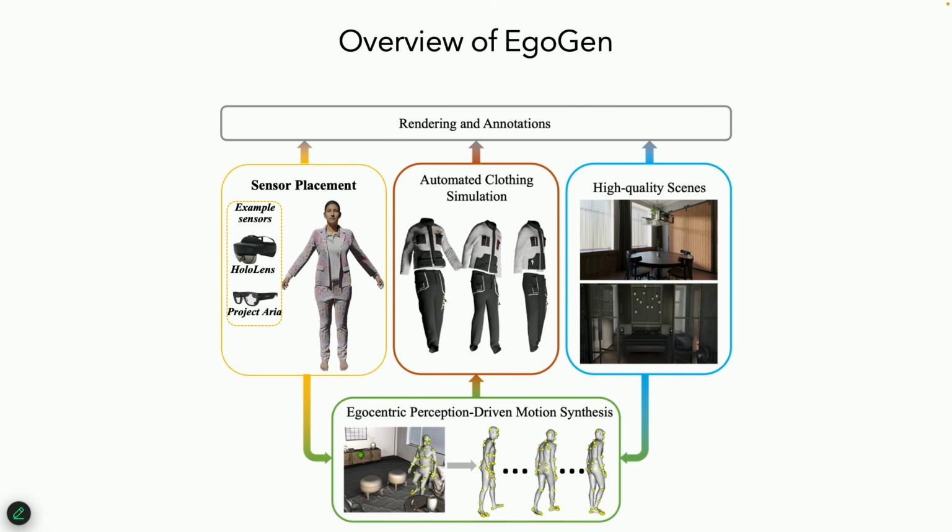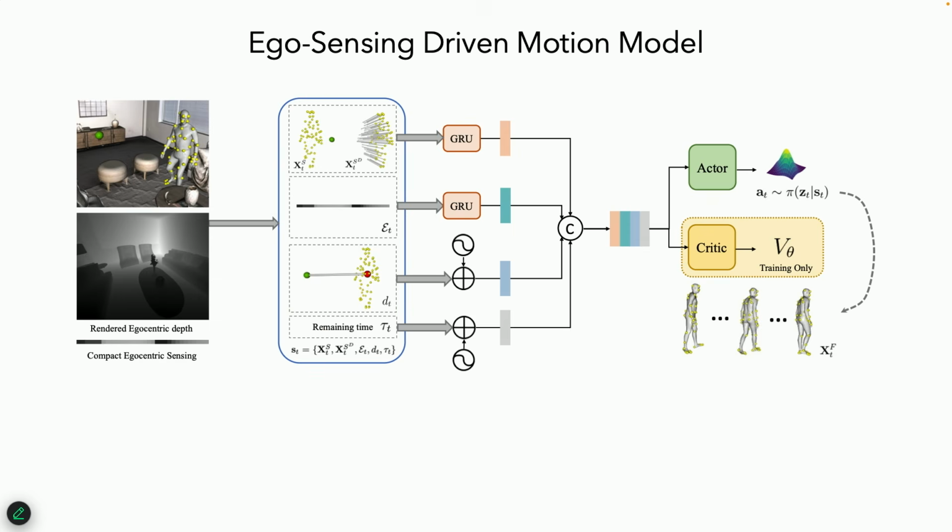We think to really incorporate this egocentric perception component into this behavior synthesis is important. So that is a new component for this work. So basically, this motion model is egocentric or ego-sensing driven.